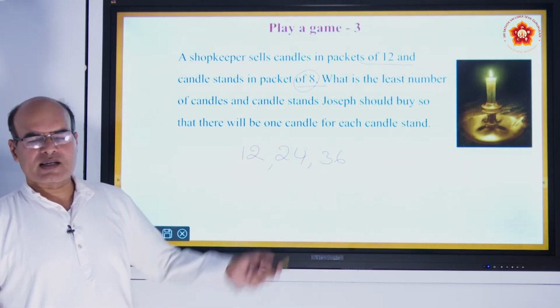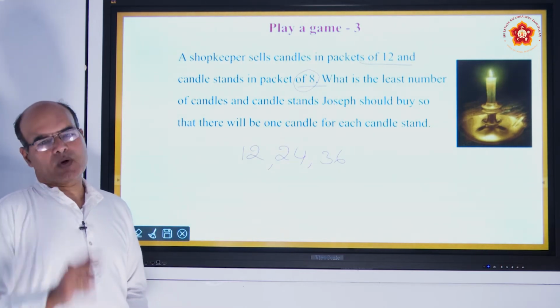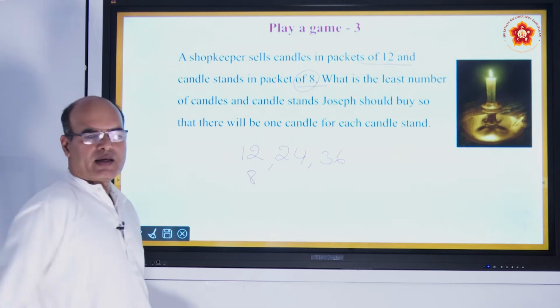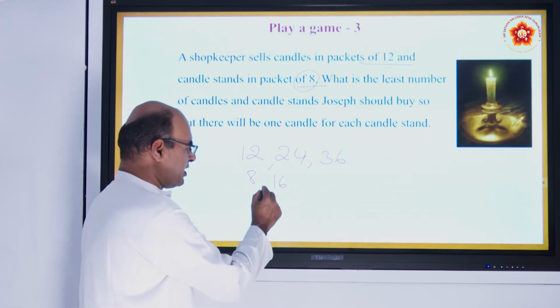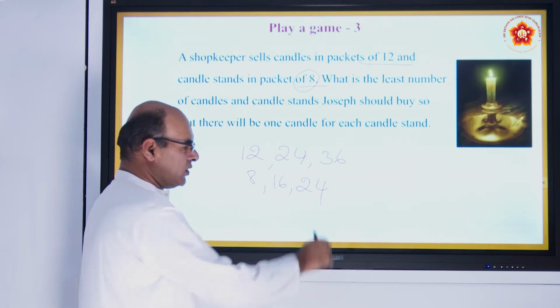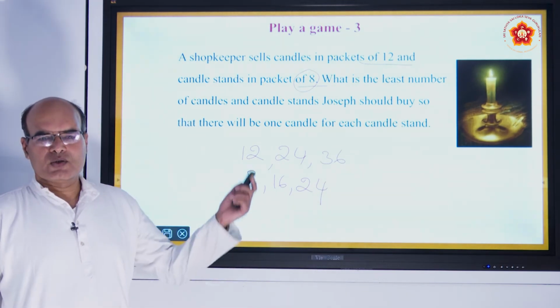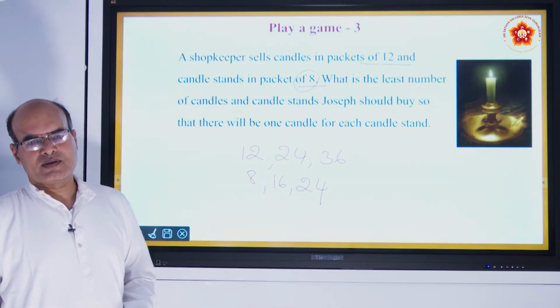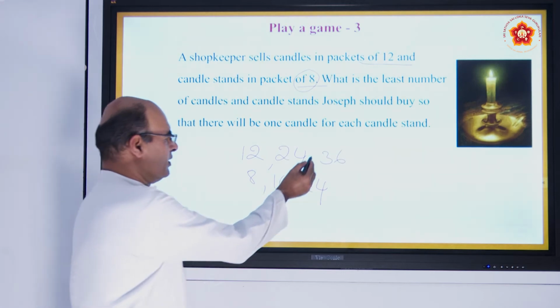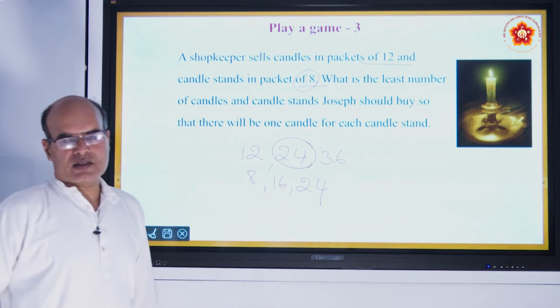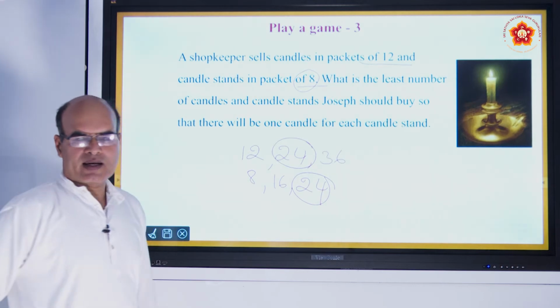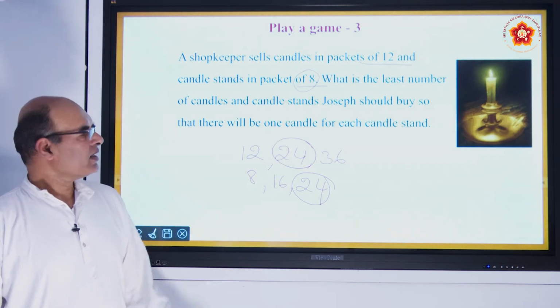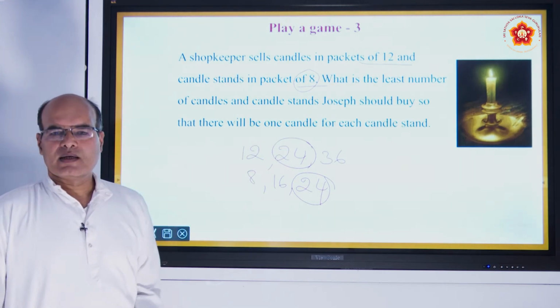Similarly, think of the candle stands. If you purchase one packet, you get 8 stands. 2 packets means 16, 3 packets means 24 stands. I think you got the answer for this question. Look here, if we purchase 2 packets of candles and 3 packets of candle stands, then each candle gets a stand.